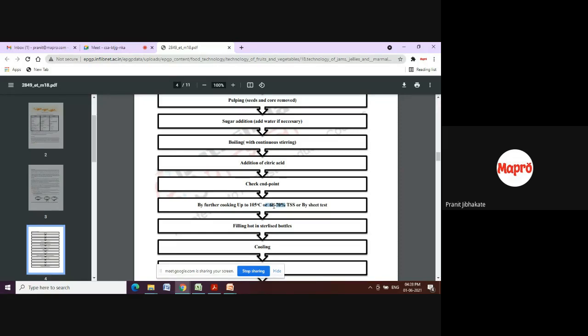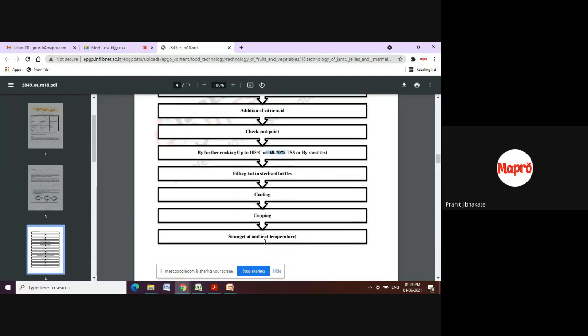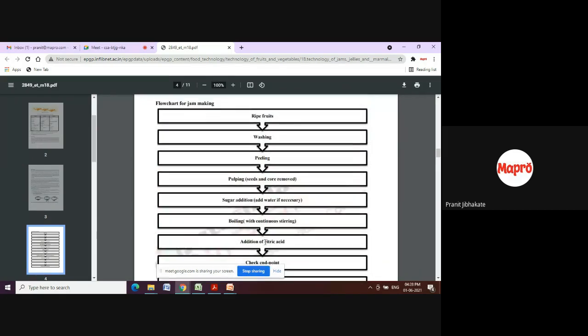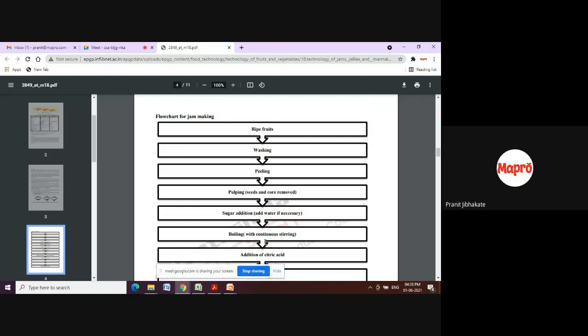Then filling hot in sterilized bottles, cooling, capping, and storage. So this is a very basic flow chart for jam making. Okay. So this we can use for our home activities or lab activities.